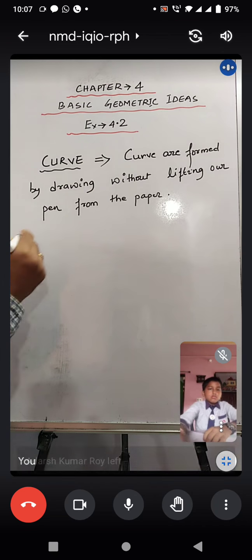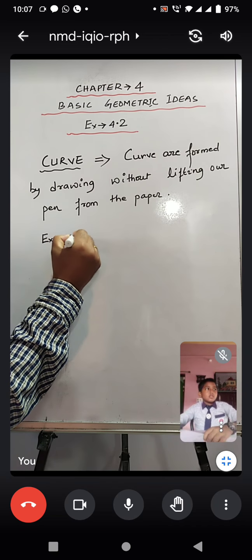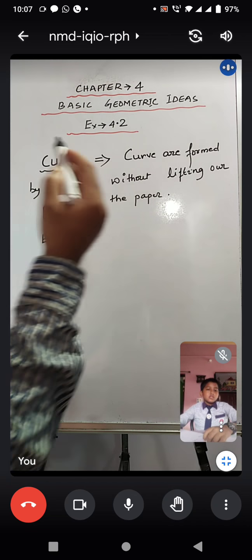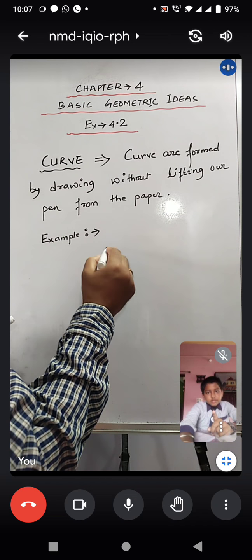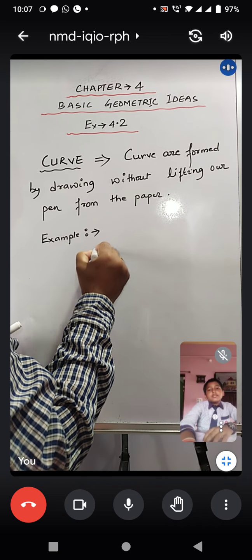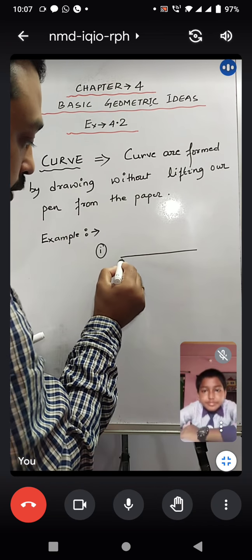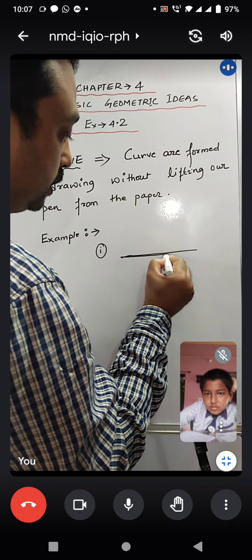Now let me give you some examples. Drawings in which we do not lift our pen. Suppose number 1 drawing is a straight line. See, this is also a curve, because without lifting a pen I have drawn this figure.